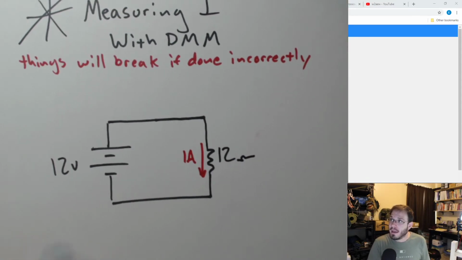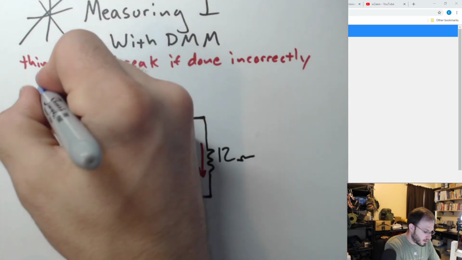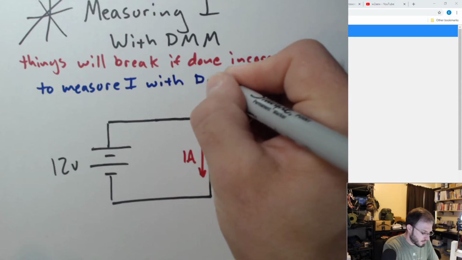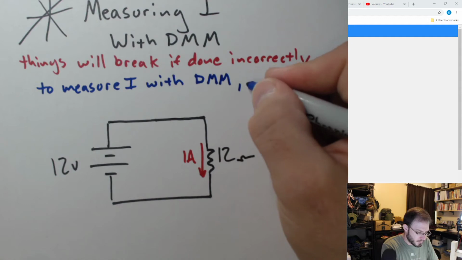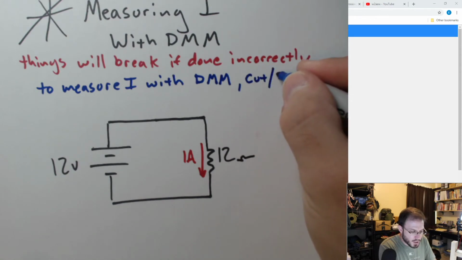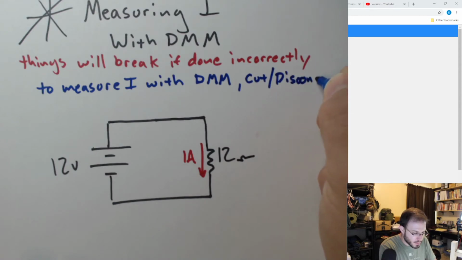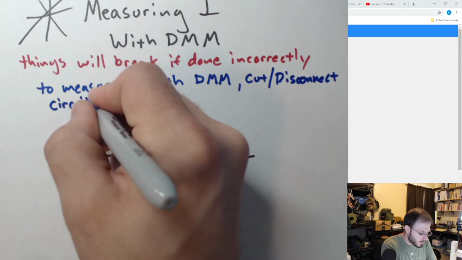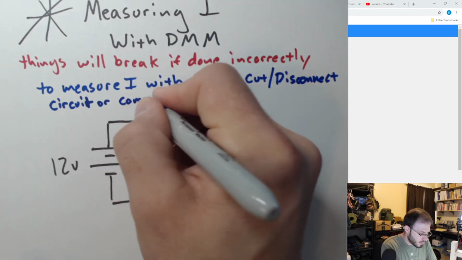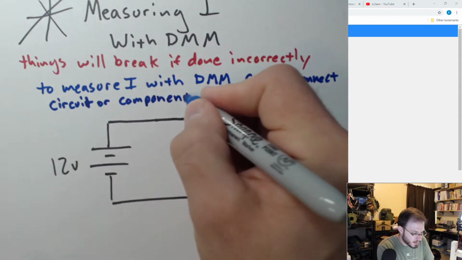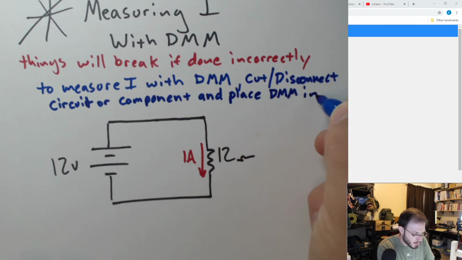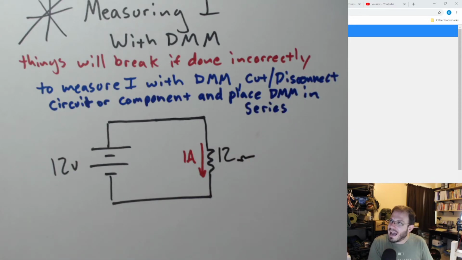Okay, to measure current with our multimeter, we need to cut/disconnect the circuit or the component and place our digital multimeter in series with where we want to measure the current.